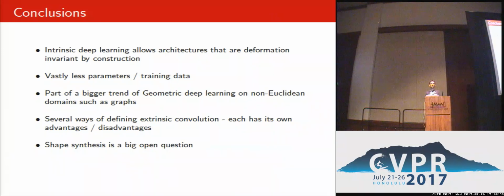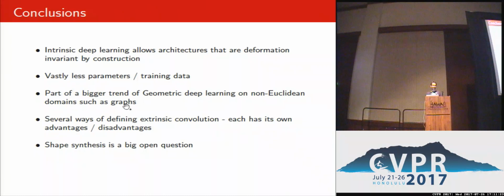So the examples of correspondence I showed you were trained on 80 shapes. By any standard of deep learning, this is an incredibly tiny training set. To achieve similar results with Euclidean methods, for example, recent work of Hao Li from last CVPR used 50 million training examples. So I think it's incomparable in terms of the training set size.